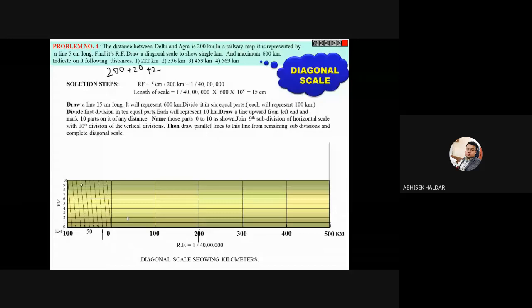From 0 for 60 kilometer, I go to the sixth point first. That gives me 60 kilometer. Then 9: 1, 2, 3, 4, 5, 6, 7, 8, 9. This is the ninth point. Mark that point. The distance in between is nothing but 569 kilometer.